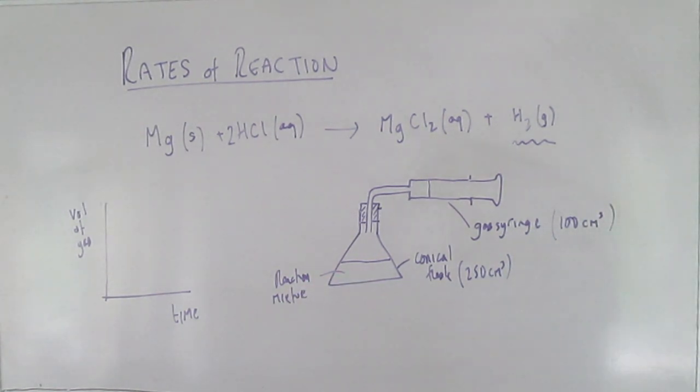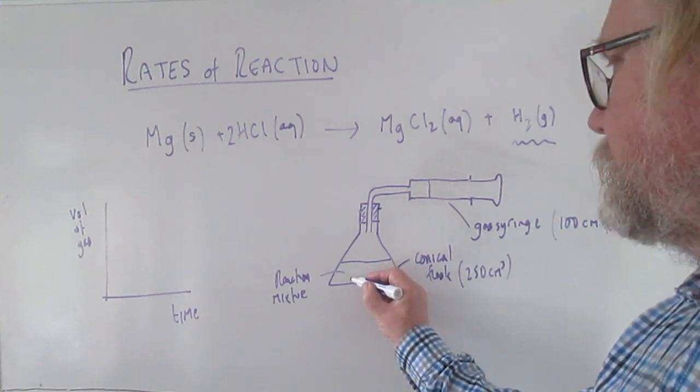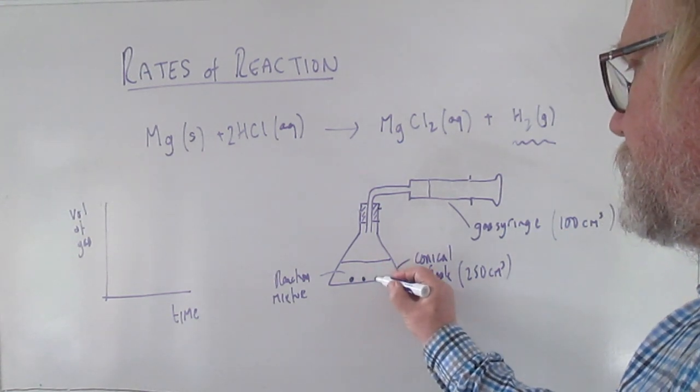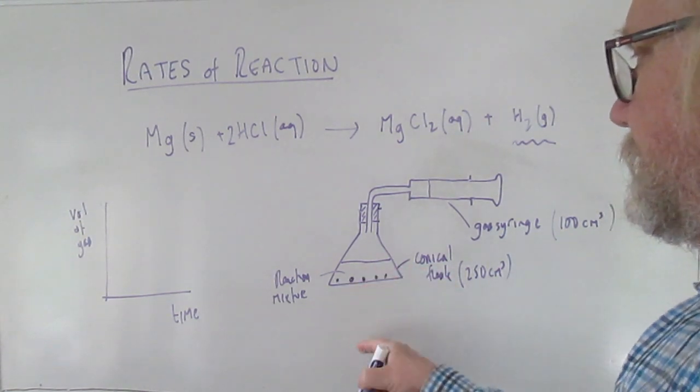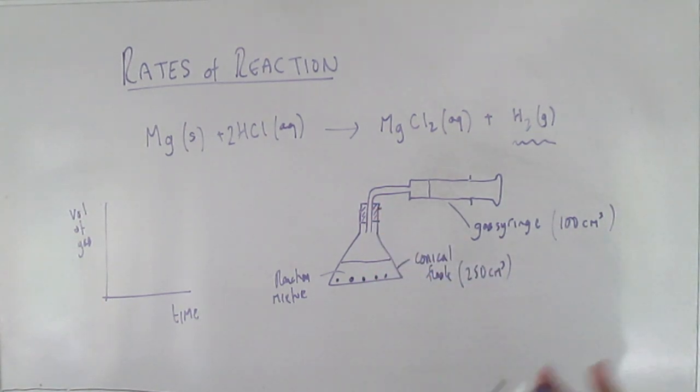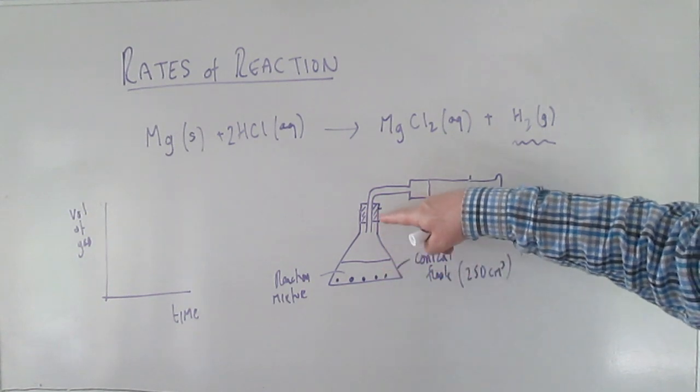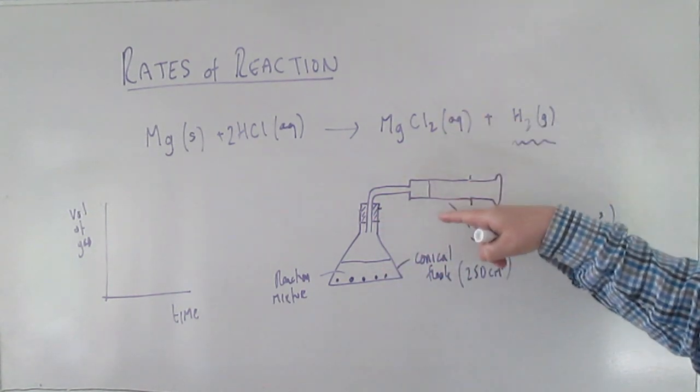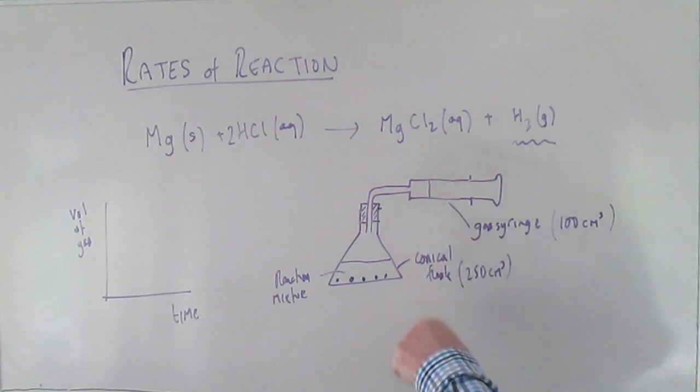You also can see, I think, that there's a potential flaw with this experiment, which is that you've got your magnesium, which is a solid, and it's got to be added to the acid to start the reaction going. And obviously, in order to get the magnesium in there, you'd think, well, I'll have to take the bung out, lob the magnesium in, and then very quickly put the bung in place and start collecting the gas.